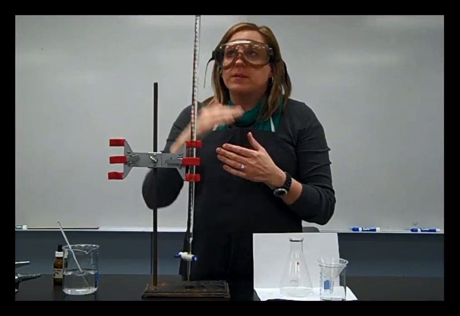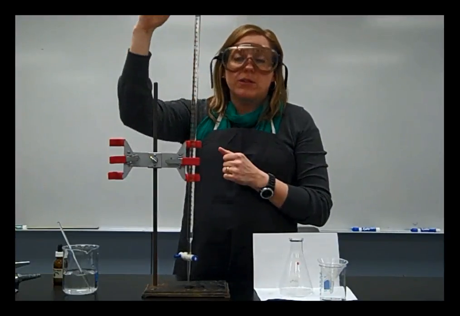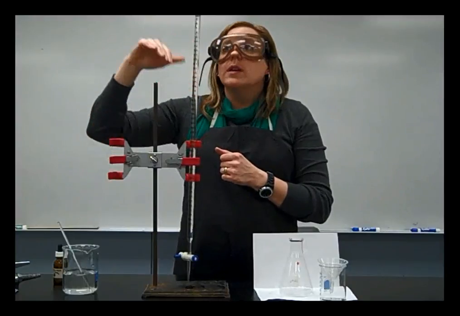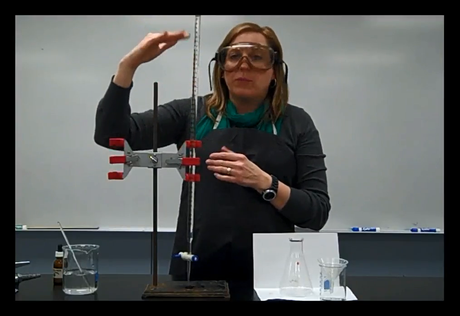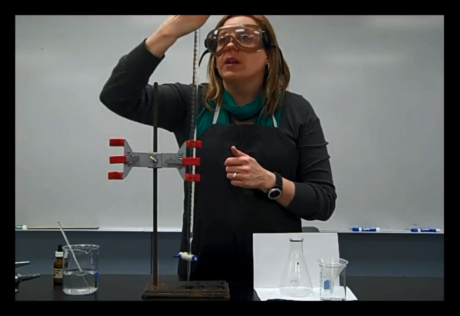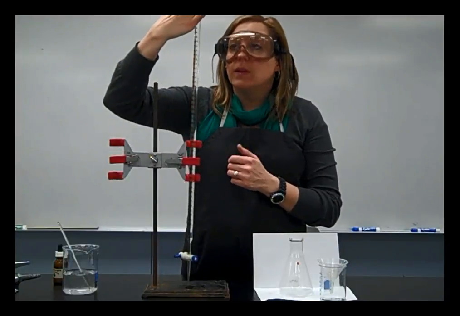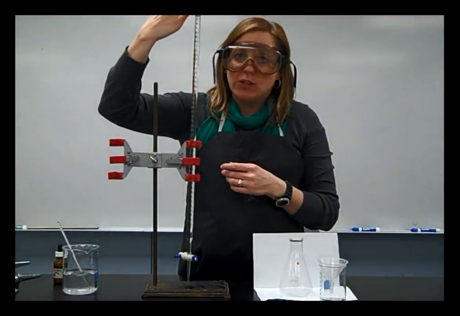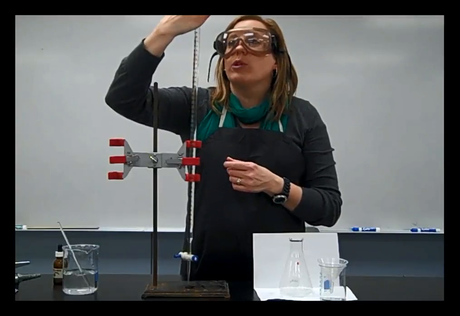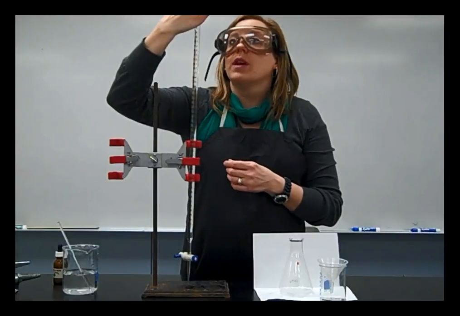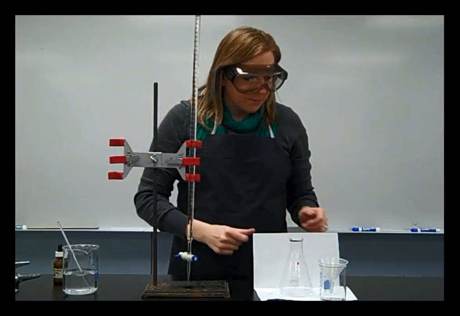Keep in mind that the numbers in a burette get larger as you go down. So if it's between 4 and 5 milliliters, it will be 4 point something, not 5 point something. Because it's marked in tenths, you should be able to estimate the volume to the hundredths place. I'm going to record my initial volume as 4.3 milliliters.